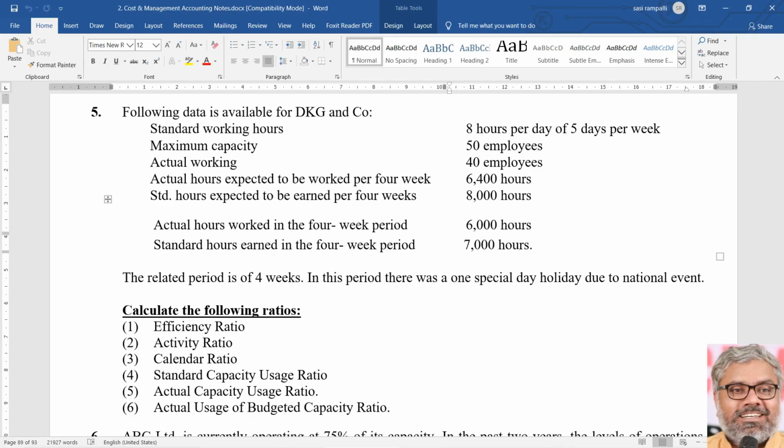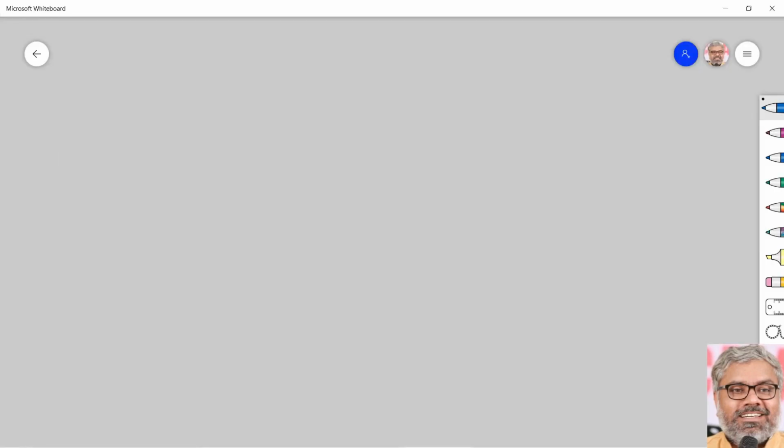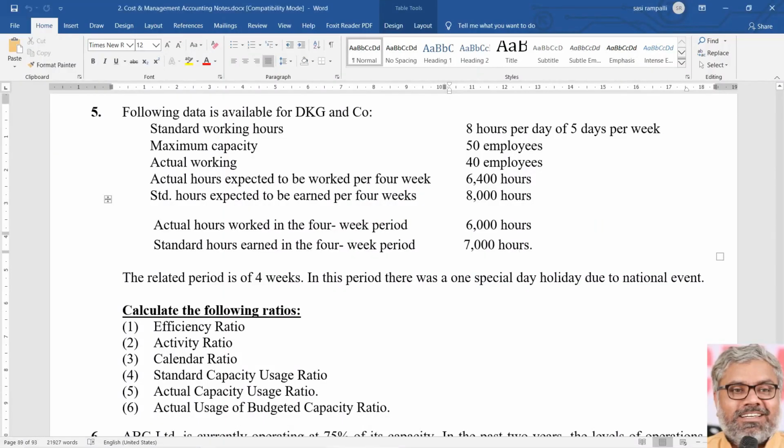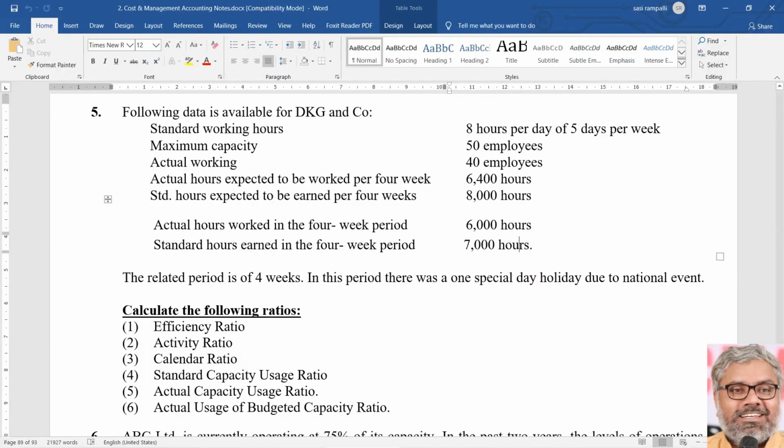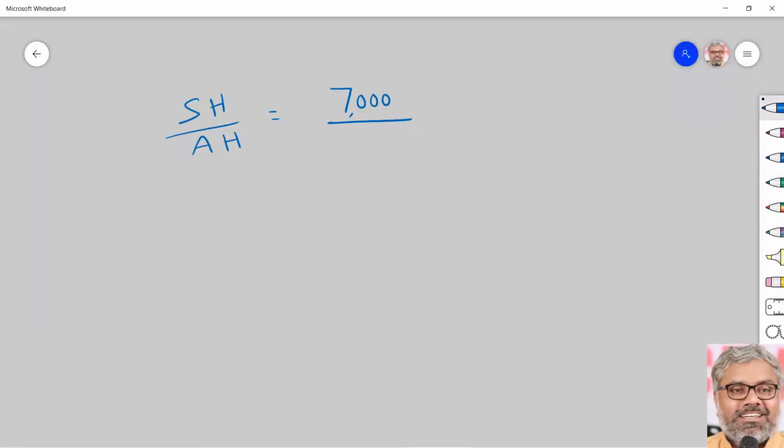First ratio is the efficiency ratio. What is the efficiency ratio formula? First that we should remember. That is SH divided by AH, meaning standard hours required for actual output divided by actual hours worked. Standard hours required for actual output is given already, that is 7,000 hours, divided by actual hours worked, also given, that is 6,000 hours.